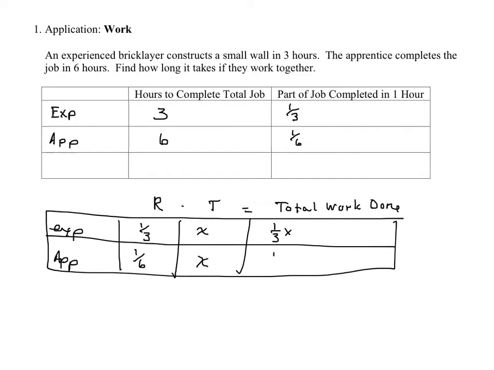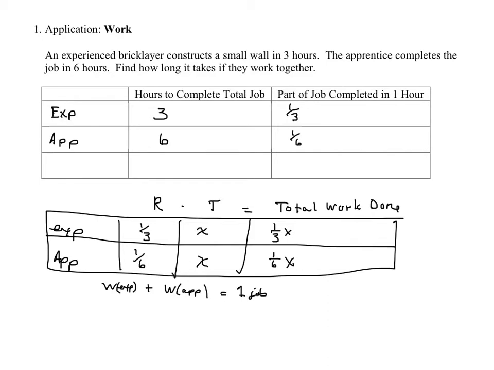The apprentice, it's 1/6 x. Now we can set up the equation. The work done by the experienced plus the work done by the apprentice is going to equal 1 job. Cool. 1 total job. Well done.